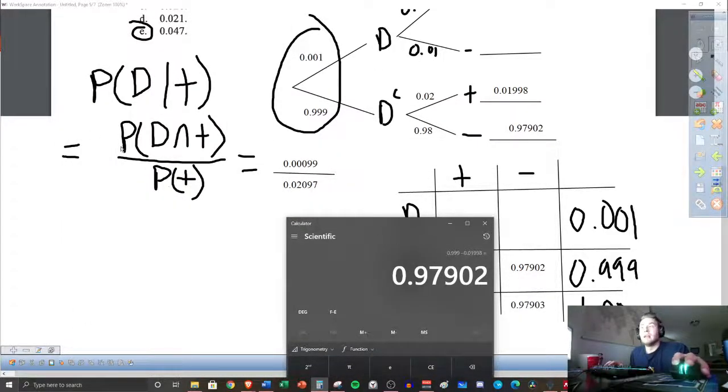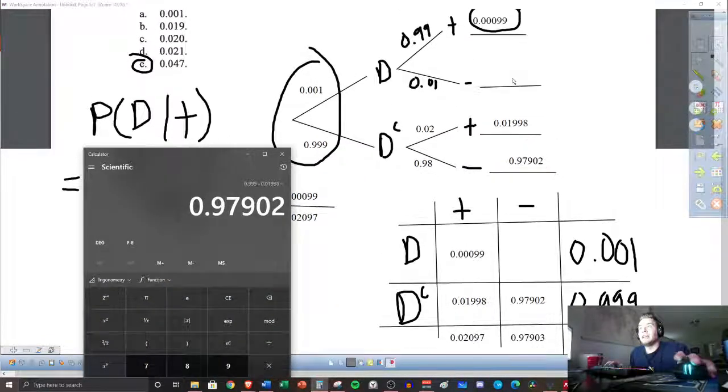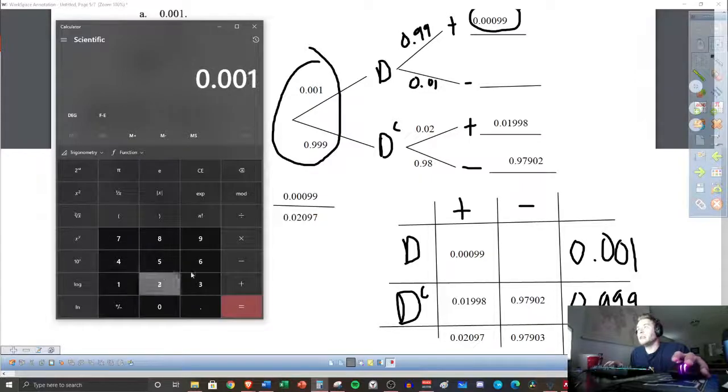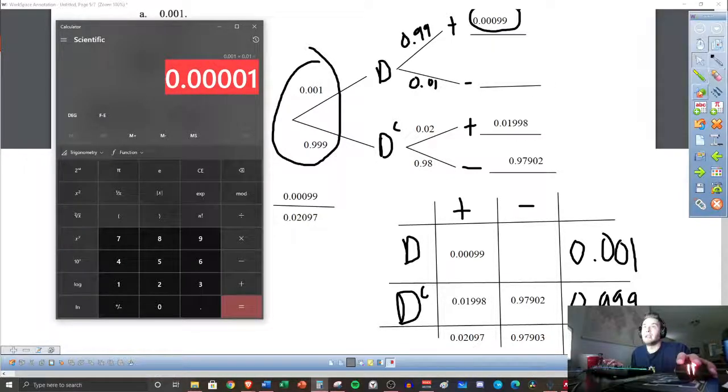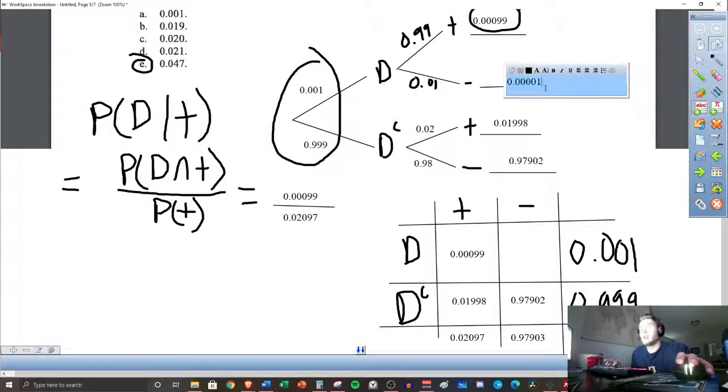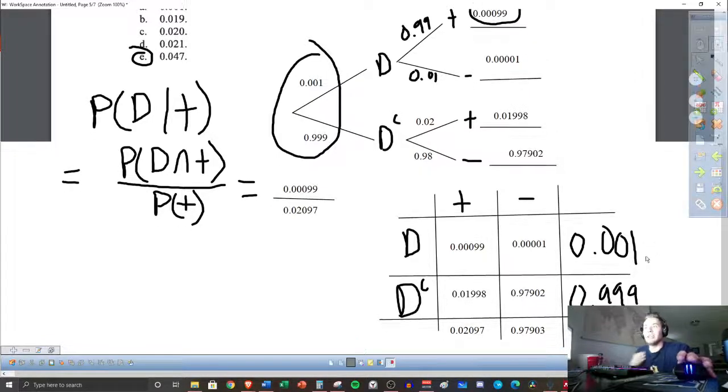Okay. And then to find this one up here, I'm going to do 0.001 times 0.01, a teeny tiny number, but it is going to go here. Duplicate it right there. Tiny number.